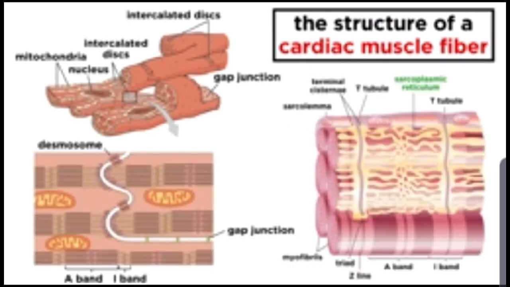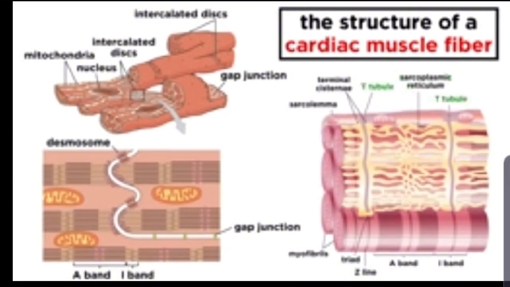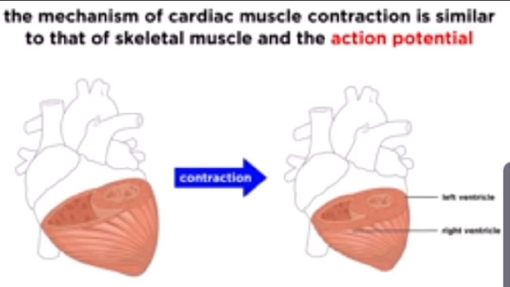Also, the sarcoplasmic reticulum is a bit similar, and the T-tubules enter twice per sarcomere. The mechanism by which the heart pumps is similar to what we already know about skeletal muscle cells and the action potential, but there are some key differences.